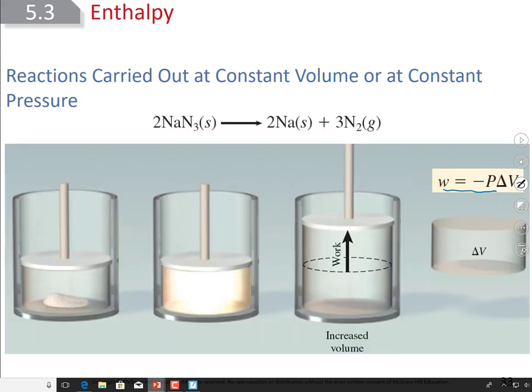In the last slide, what were we holding constant in order for this to work? Volume was changing, so that volume wasn't constant. What was constant? Pressure. Pressure was constant.